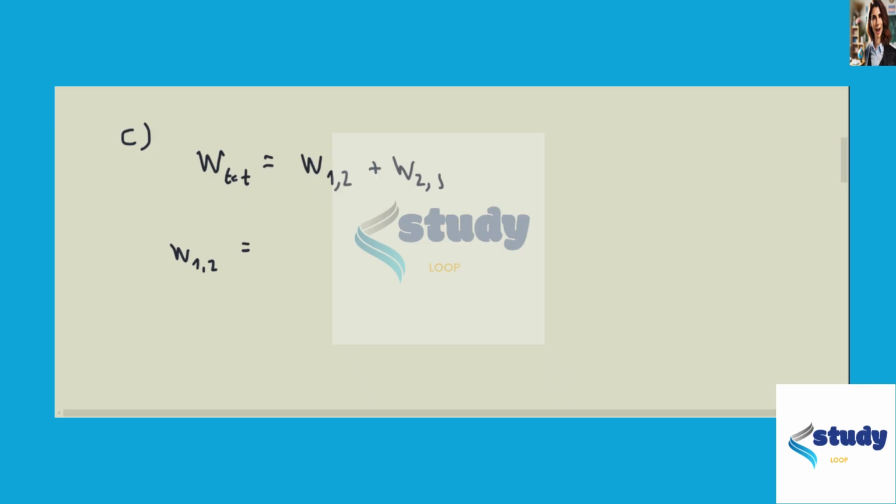So this work will be equal to nRT natural logarithm of V2 over V1.